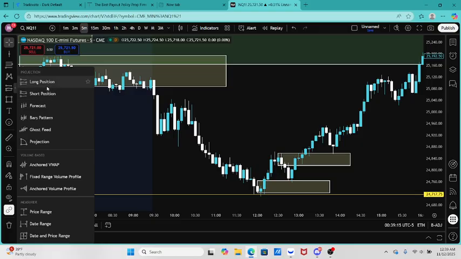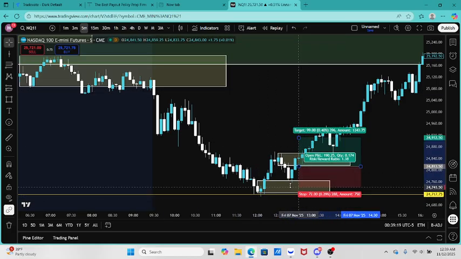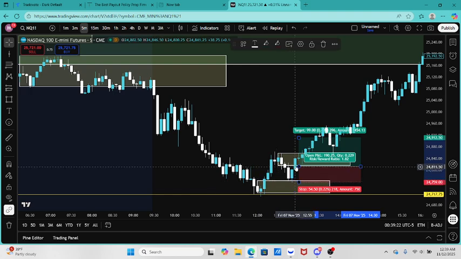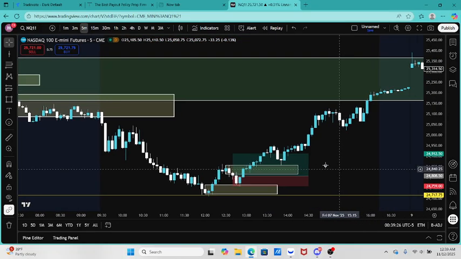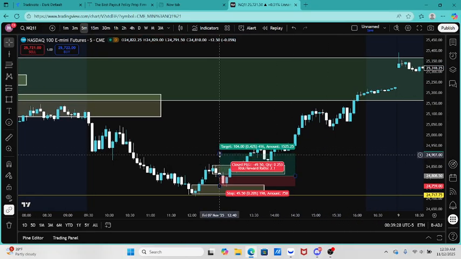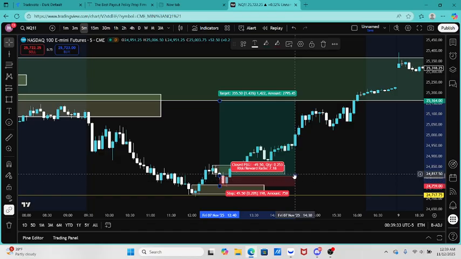Let's see here. So you'd have your stop loss right under this low right here, and you'd be aiming for this order block right up here.